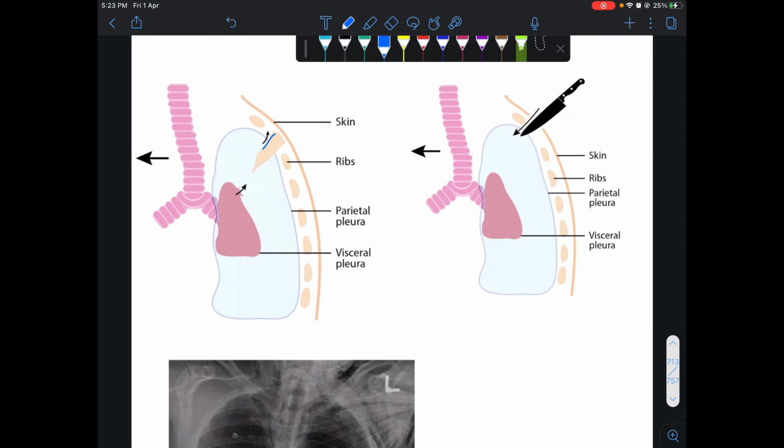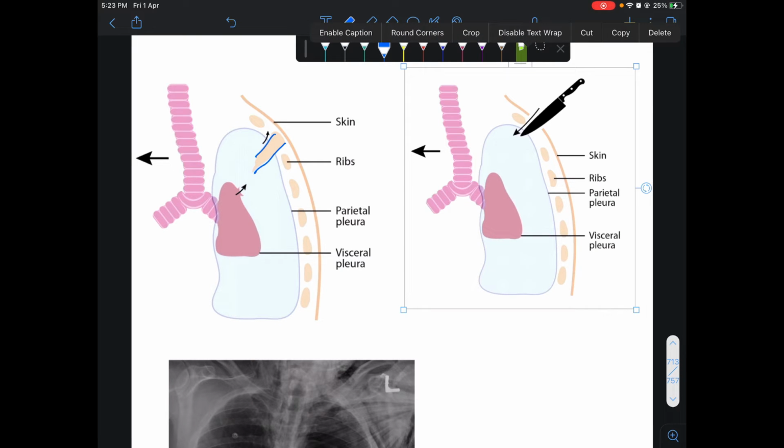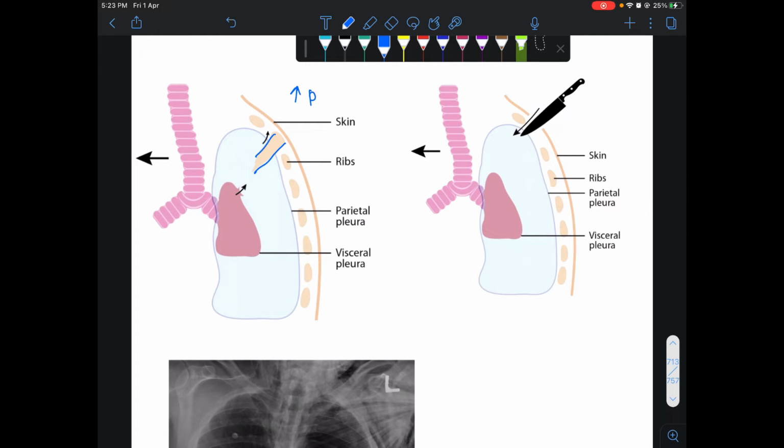In blunt trauma, as we can see here, the fractured rib will disrupt the lung parenchyma, and this causes the loss of lung volume, and there will be increase in the pleural cavity pressure from negative to positive. Normally pleural cavity pressure is -5, and this will be shifted.